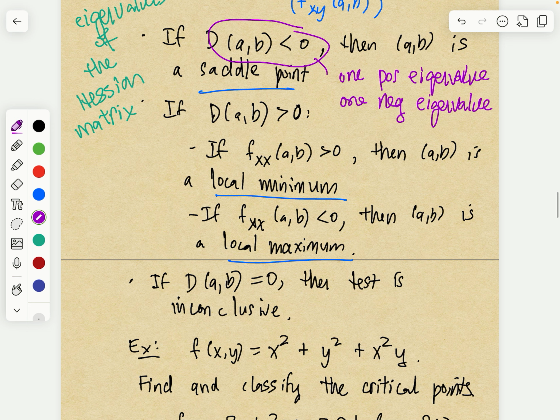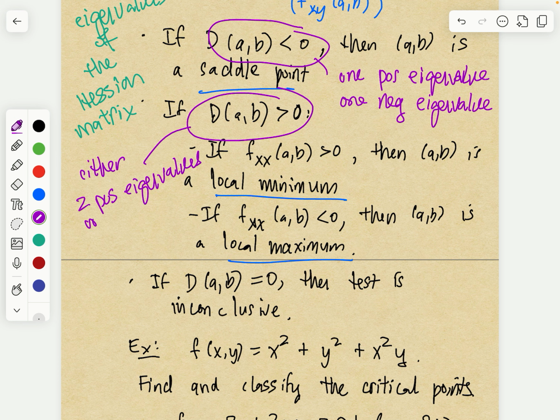Now what happens if D is positive? Then things are more tricky because it's possible that you have two eigenvalues that are positive, but you could also have two negative eigenvalues.